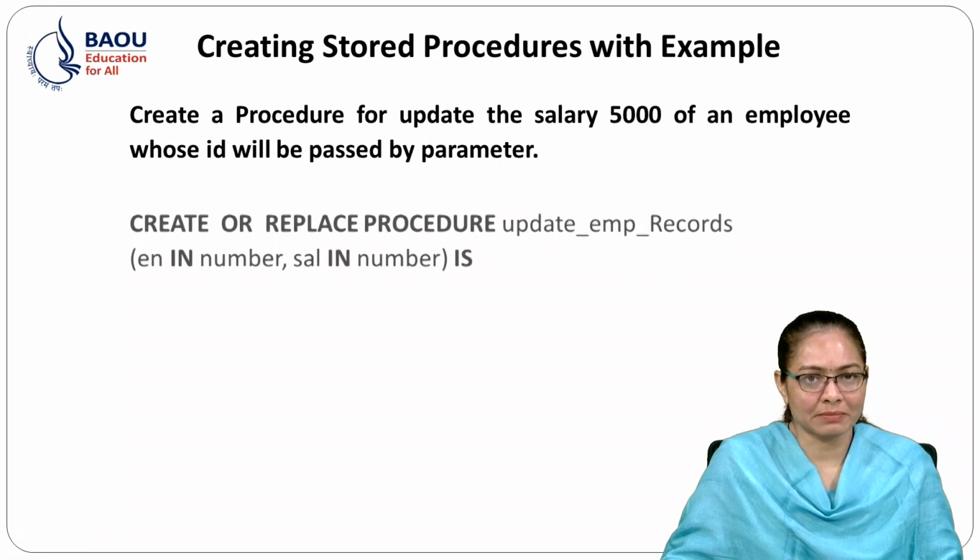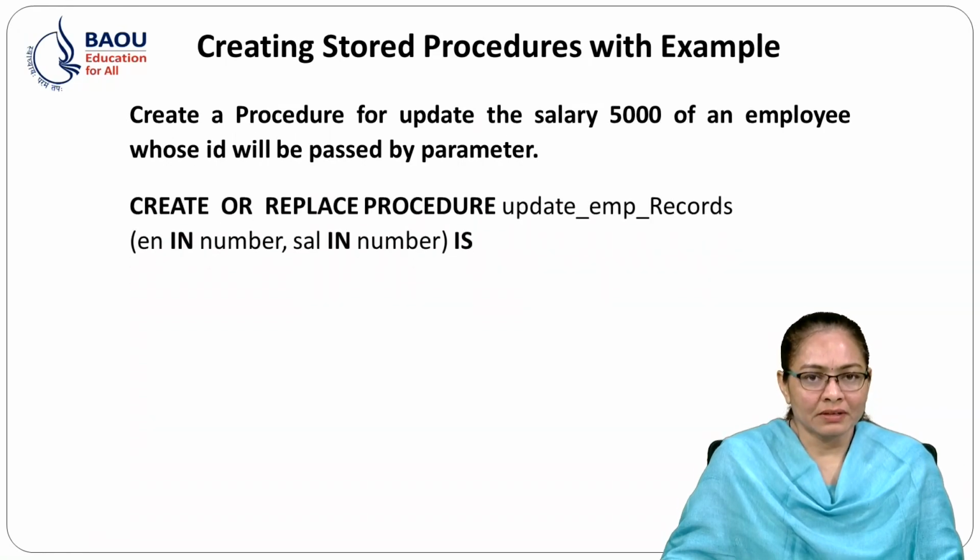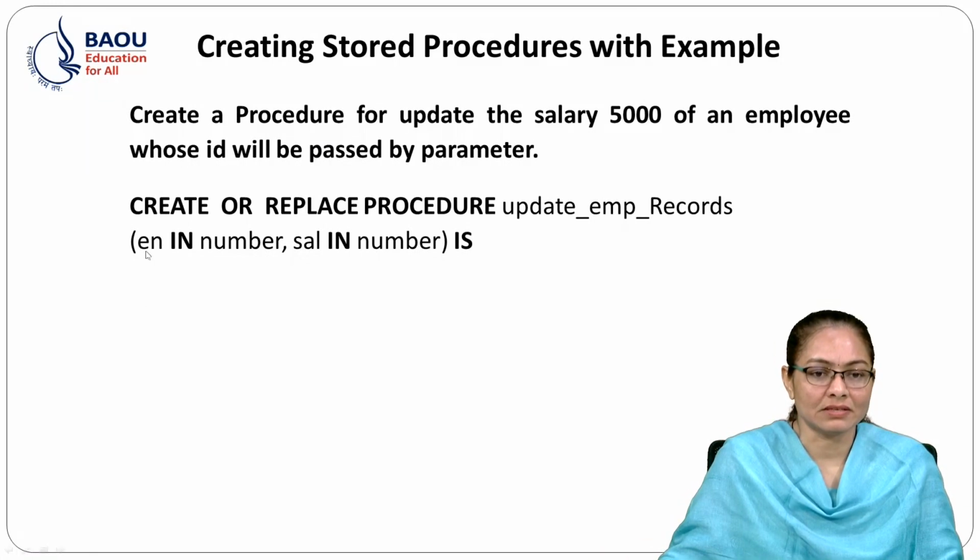See in the example, here there are two parameters. EN is one parameter and SAL, salary, as the second parameter, which are used to accept the value from outside the calling statement. Here IN is used for accepting the value.